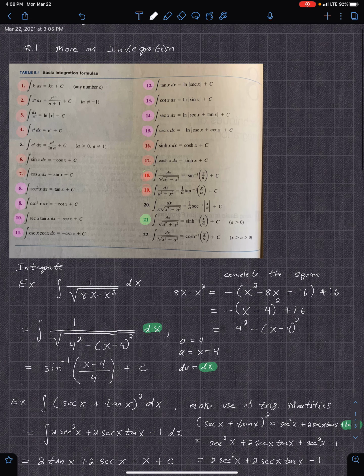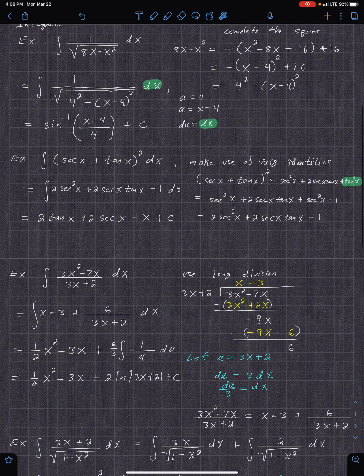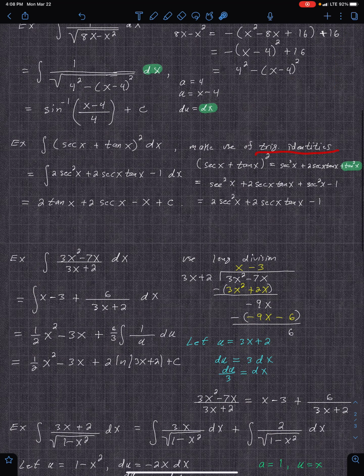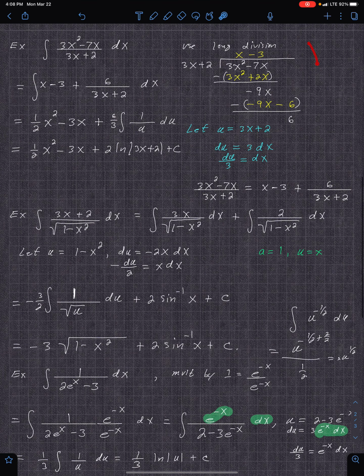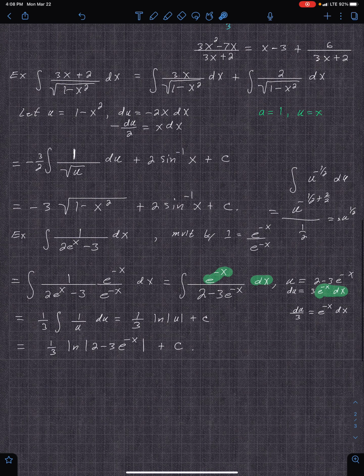All right. Just a quick recap, because this is a long video. So basic integrals you need to know. One technique is complete the square. You have trig identities. We'll look more at trig identities later. Use of long division to simplify if the top is one degree higher than the bottom. It expands it out in a nice way. Then we have separating the denominator, right?